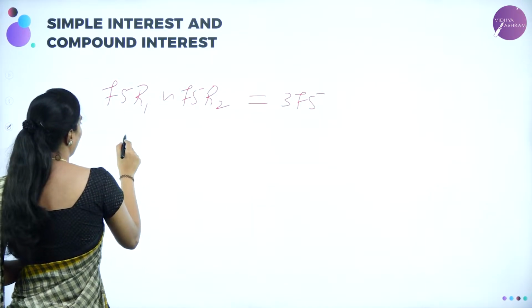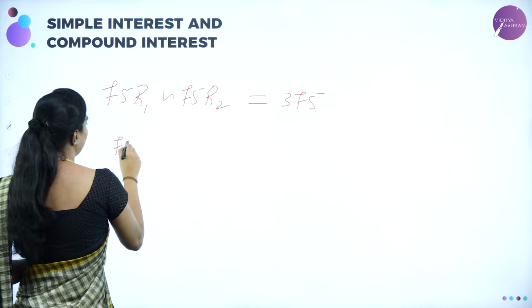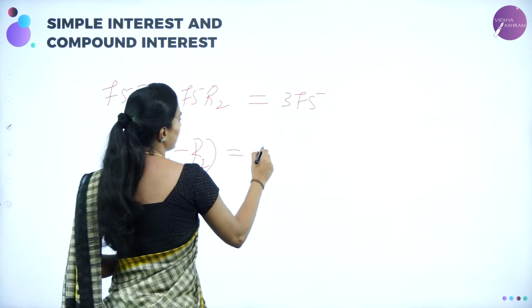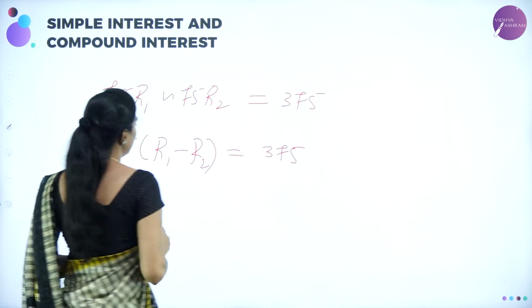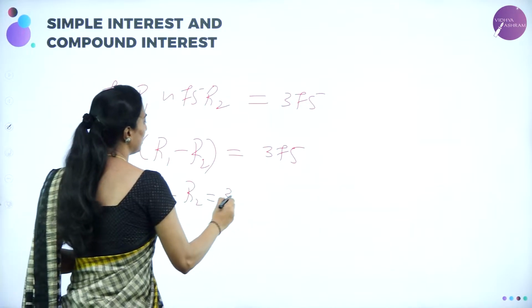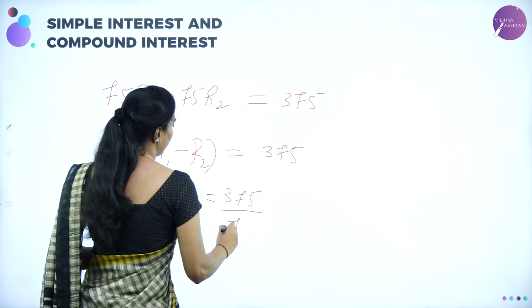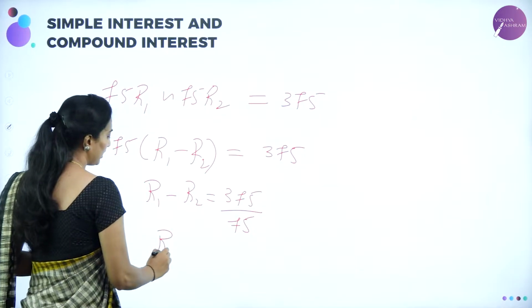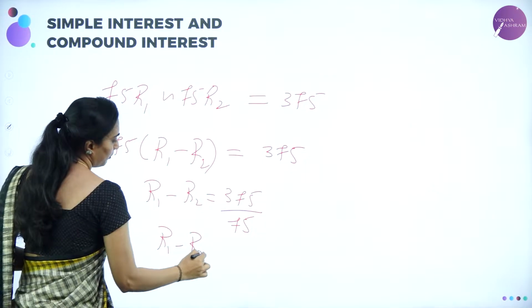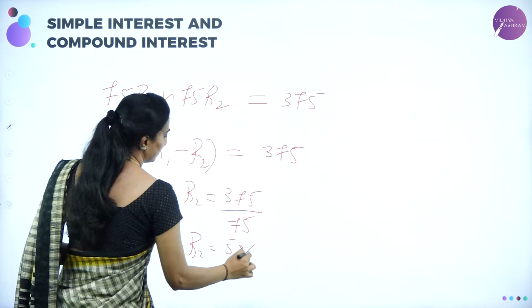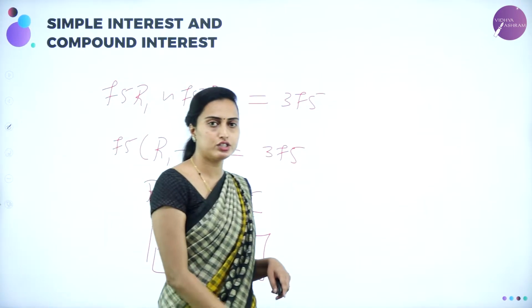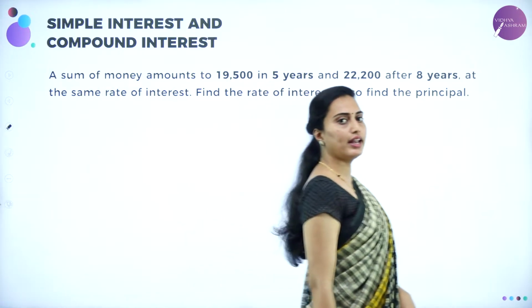Therefore, you are going to have 75 (R1 minus R2), or R2 minus R1, equal to 375. Otherwise, R1 minus R2 is equal to 375 divided by 75, which you are going to have as R1 minus R2 = 5%. That is your difference of rate of interest. Understood? Now, we'll move on to the next problem.